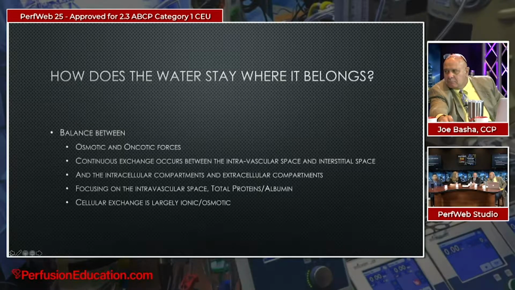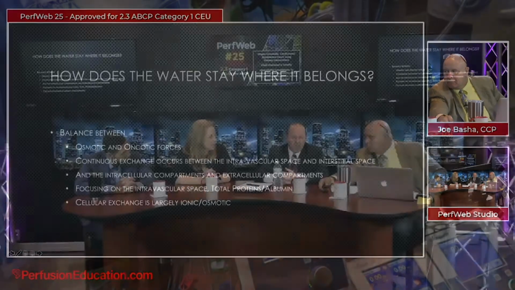When people prime with albumin and think they've cured the problem of diluting out our protein levels, you still have 30% of the proteins that you're diluting. You're not adding the globulins and all the other ones. Correct.